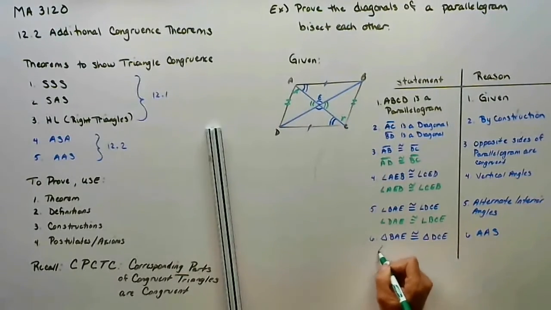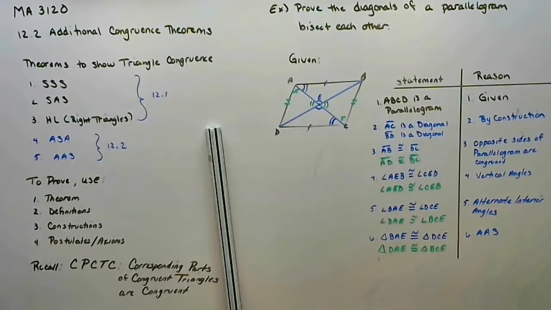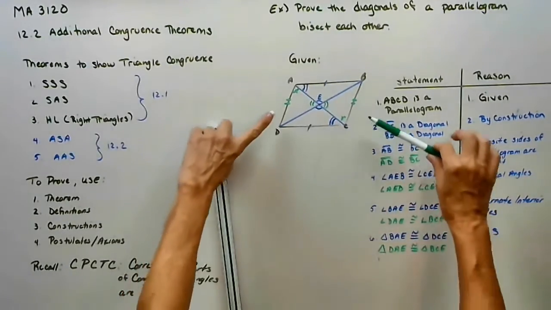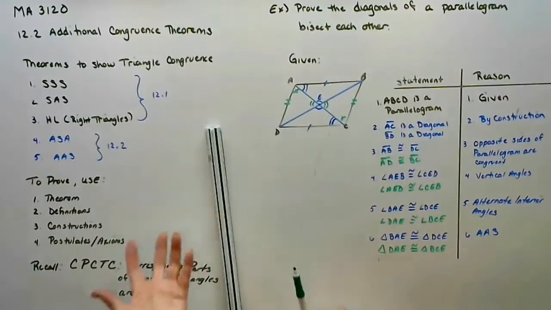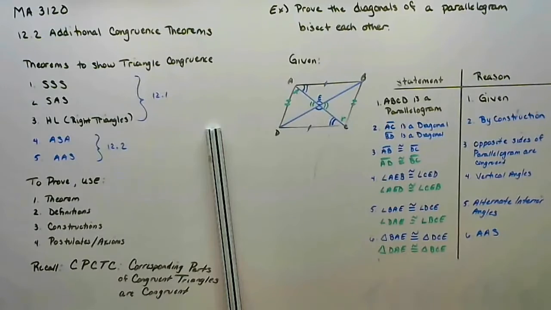So this will also follow. Okay, pause that for a second. All right, if I focus on just the green or just the blue, I think we've shown that these are also congruent. And now we can start listing that corresponding parts of congruent triangles are congruent.